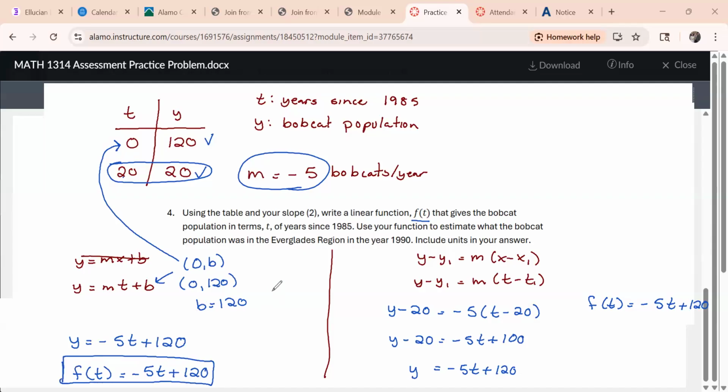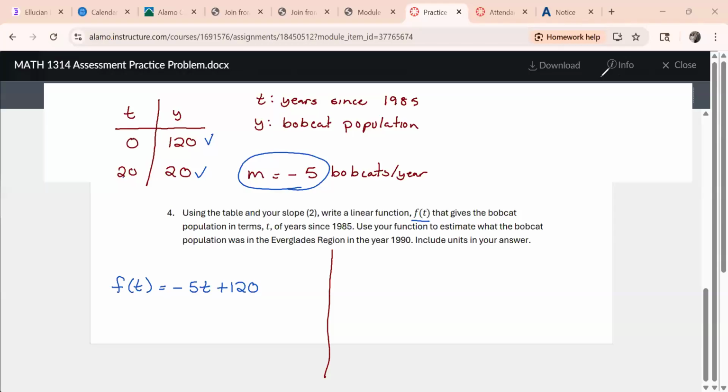So we have this one last bit to answer, which is we want to know what is the population in 1990. Okay, so we want to figure out what the population is in 1990. So remember, our t's are years since 1985. So the t here is just how many years is this after 1985? I probably don't need to do this part to see that it is 5 years later.